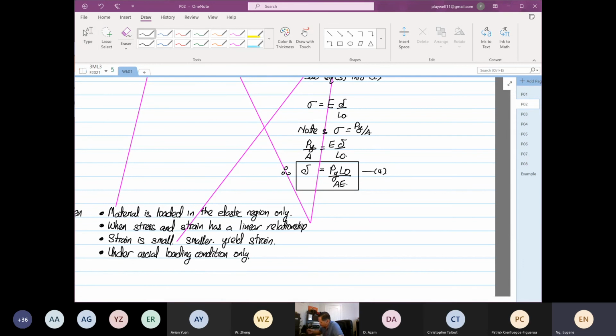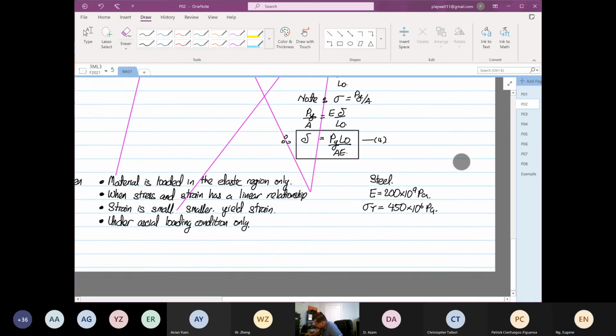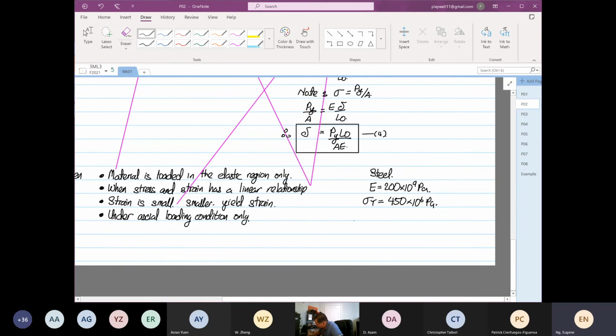If we look at a standard steel, let's say for a steel product, Young's modulus is equal to 200 times 10 to the power of 9 Pascal, or 210. The yield stress for a medium strength steel is about 450 times 10 to the power of 6 Pascal. So when we calculate the strain, give me 2 more minutes.